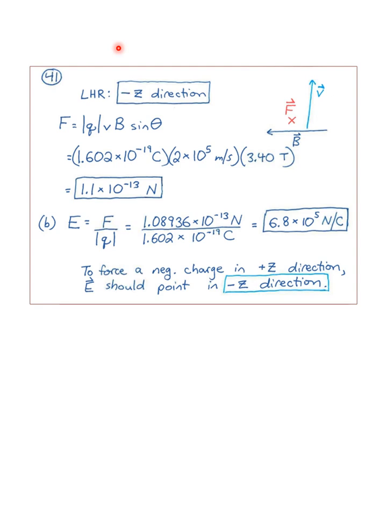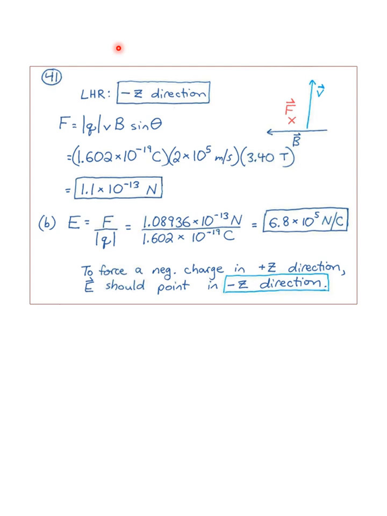For number 41, I have this negative charge moving in the positive y direction, as you can see my velocity vector. Magnetic field is in the negative x direction, as you can see in the picture. Find the magnitude and direction of the force on the electron. First, we're going to use the left-hand rule because it's negative, and you should get that the force goes into the page.